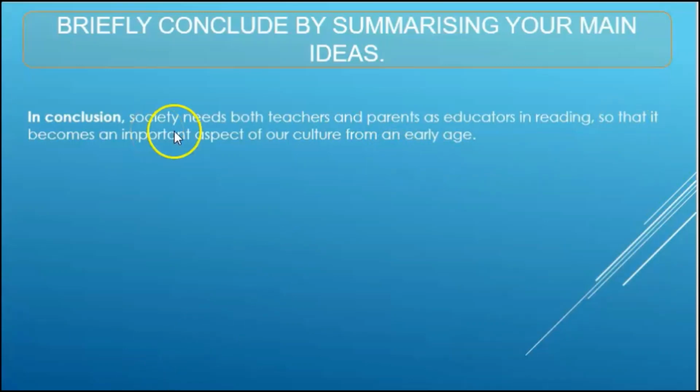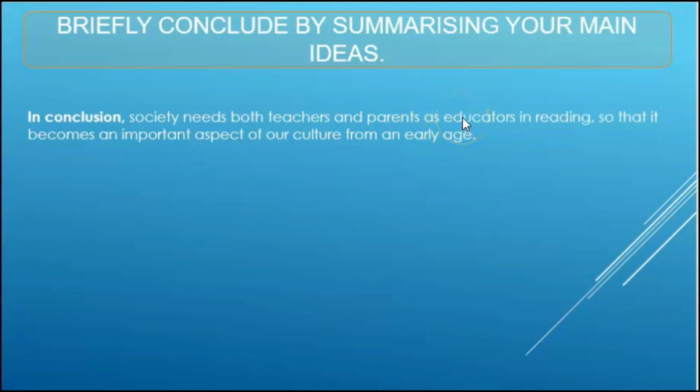So that concludes quite nicely, right? In the second paragraph, I mainly talked about how it's important that habits of reading are instilled in schools by teachers, right? And in the third paragraph, I mainly talked about how parents have to supervise reading at home.